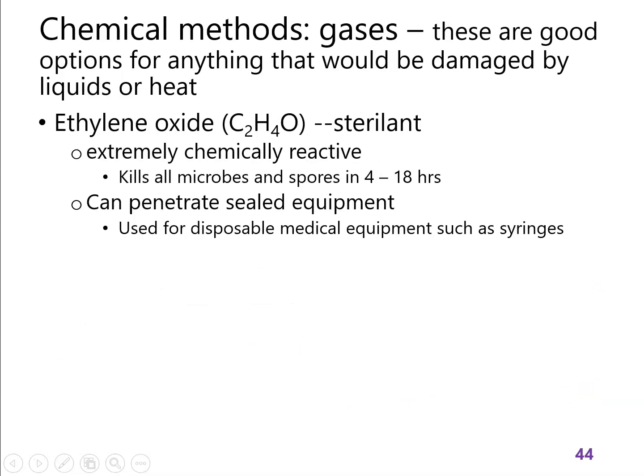Some of the weirder things would be gases. Most people wouldn't have been exposed to these directly, but if you've worked in a clinic, you've probably used tools that were sterilized with ethylene oxide. And this is a gas that reacts. It's extremely reactive. If you see the structure of this and you know organic chemistry, you look at it and say, how does that molecule even exist?